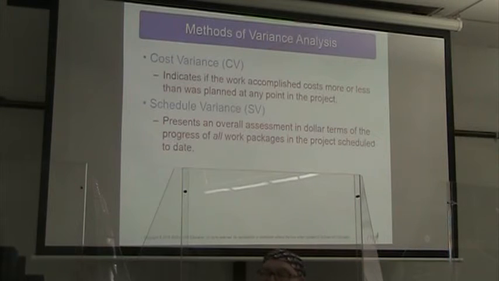Schedule variance means that we have an assessment, and we're putting it in dollar terms, of the progress of all of the work packages in the project that have been scheduled so far.